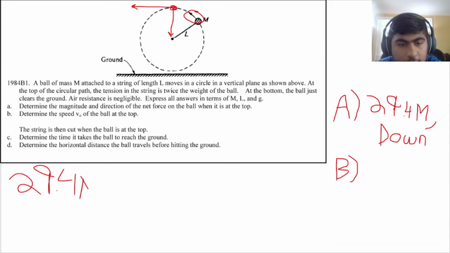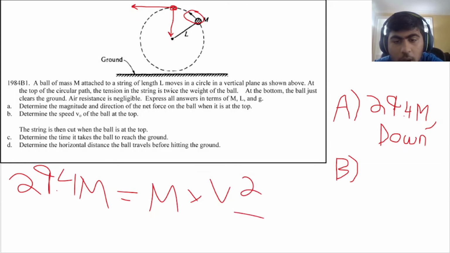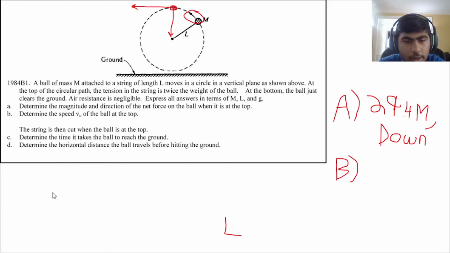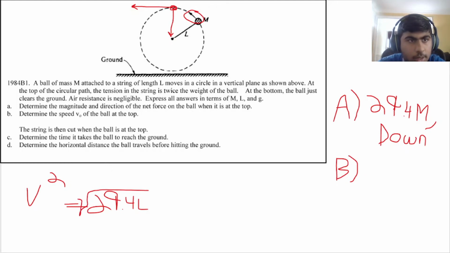So we have 29.4 m, right? That's the force, equals m times v squared over r. But r here is L. So we'll just put that L here. Cross out these m's. And then we carry that L. So what we're going to end up with is that v squared equals 29.4 times L. And the answer for v is just the square root of that.